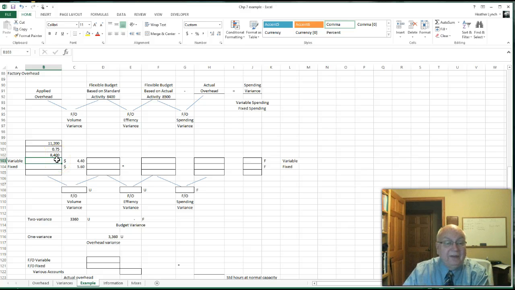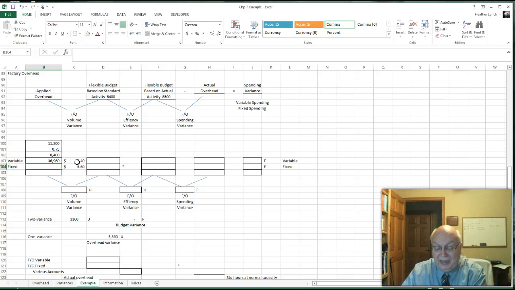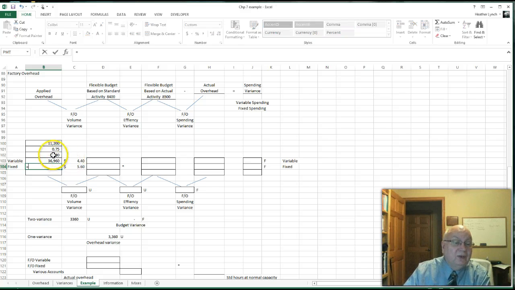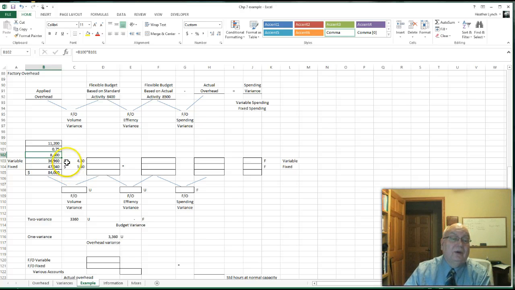Now the application, remember we take the standard hours times, in this case the 440, and that will give us 36,960. And for the applied fixed overhead, 8,400 times the 560, and that will give us 47,040, for a total of, all we want is those two numbers, $84,000.